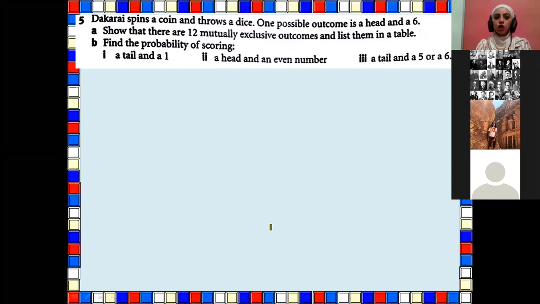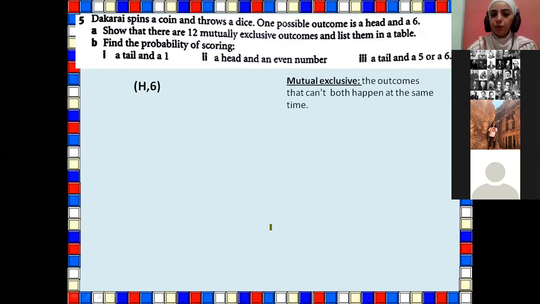Part A: show that there are 12 mutually exclusive outcomes and list them in a table. I'm not going to ask you to answer it. I'm going to show you the table. Again, remember, mutually exclusive means that the ordering is very important. The outcomes both can't happen at the same time.